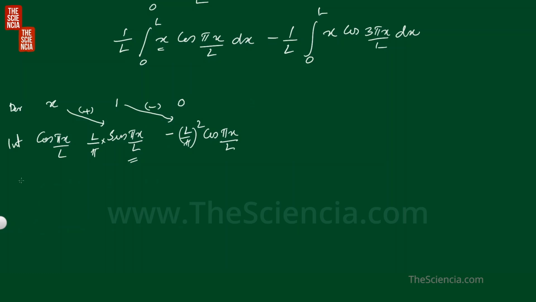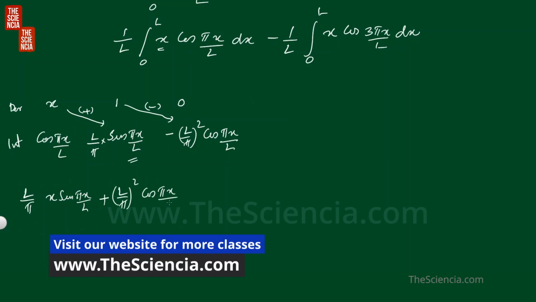So what we get is (L/π) x sin(πx/L), minus into minus, that is plus (L/π) squared cos(πx/L). So the integration is over.